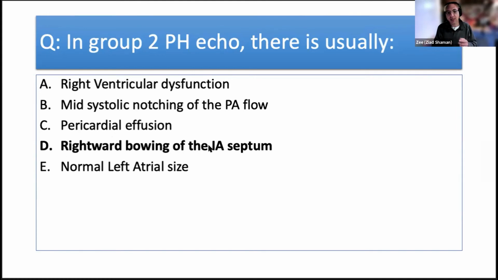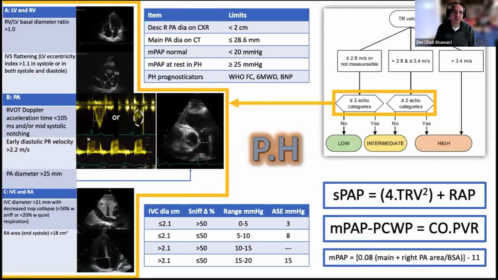So the atrial septum is going to bow from the left towards the right, and the left atrium is not going to be normal in size in heart disease, in LV dysfunction that's causing pulmonary hypertension.